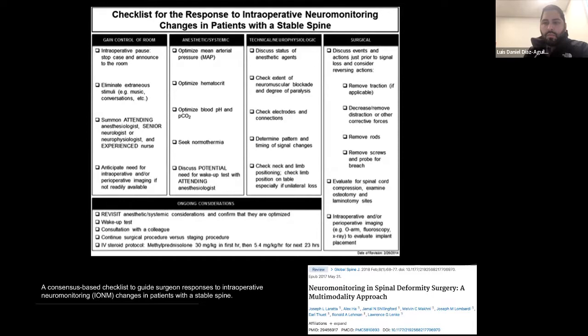Another thing, Dan, that I thought was interesting was some of the indications, like in degen for neuromonitoring. As you alluded to, it's probably something that's dramatically overused. I stopped using it in ALIFs. I still use it for cervical radiculopathy. Obviously, I use it for myelopathy, but the utility has not been clearly demonstrated in those contexts.